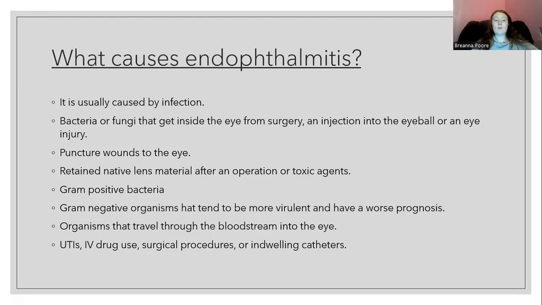Retained native lens material after an operation or toxic agents. Gram-positive bacteria or gram-negative organisms tend to be more virulent and have worse prognosis. Organisms that travel through the bloodstream and get into the eye, and somehow UTIs, IV drug use, surgical procedures, and indwelling catheters can also cause it.